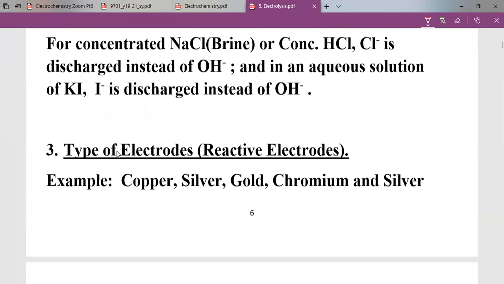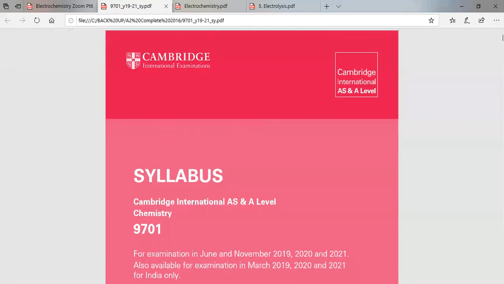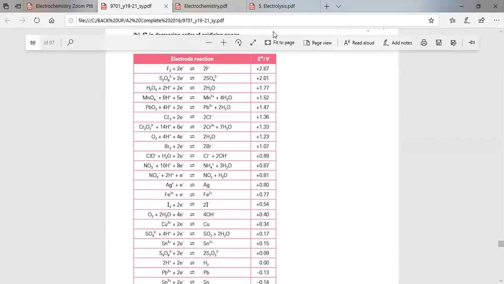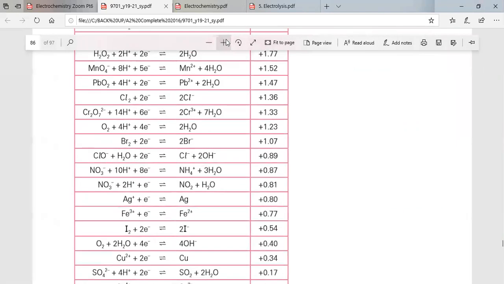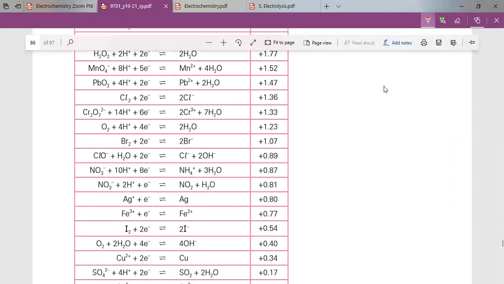Third, of course, is reactive electrodes, like copper as the anode will dissolve. All these can be determined from the E° values. All these values here will help you to determine what is discharged.